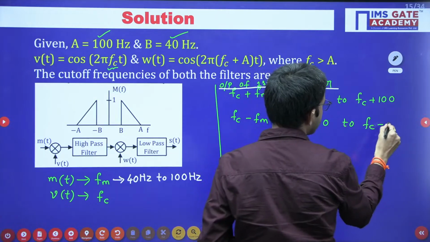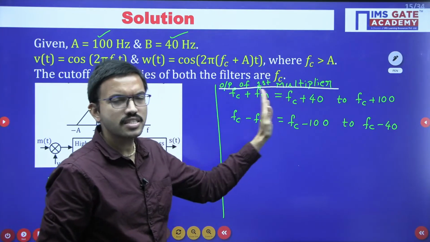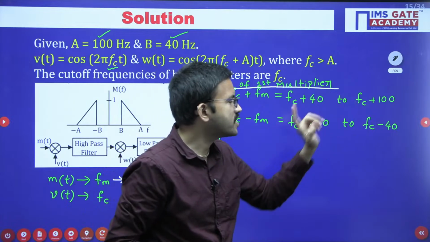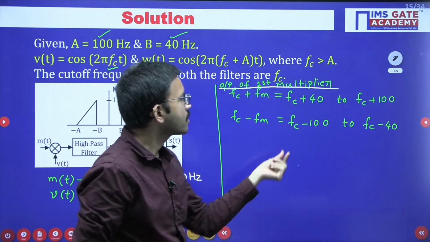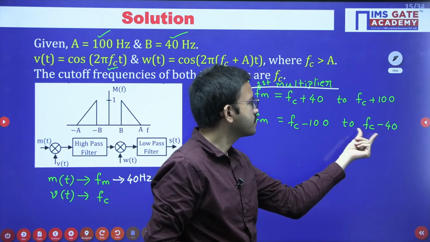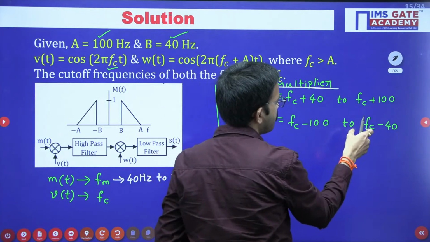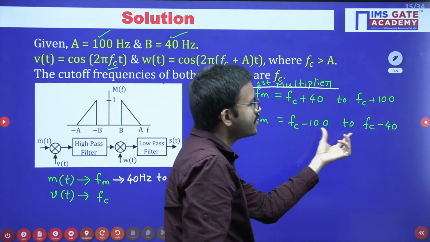I hope it is clear. For the addition you get the range Fc plus 40 to Fc plus 100. A range is always represented from minimum to maximum. For easy understanding, consider Fc as 200. 200 minus 100 is 100, and 200 minus 40 is 160, so the range is 100 to 160.